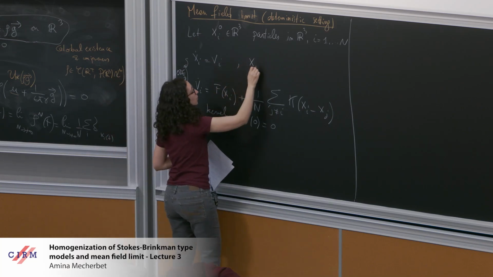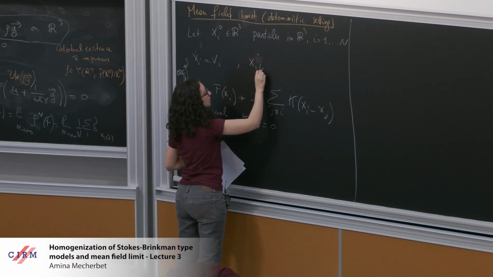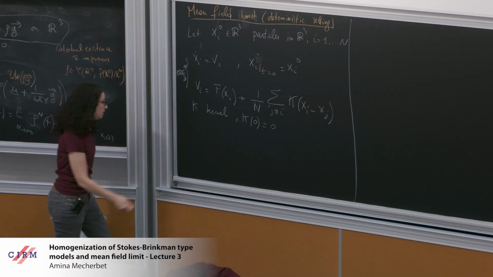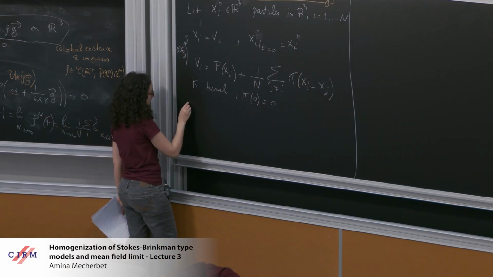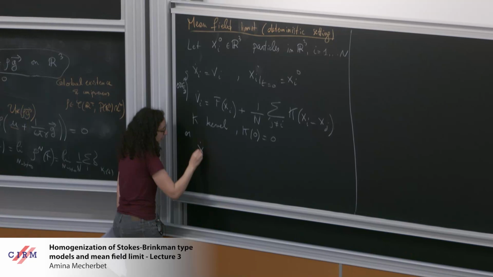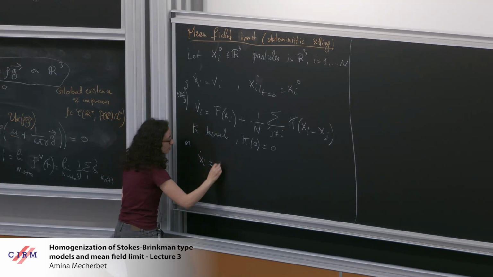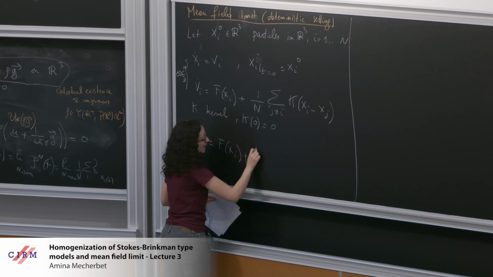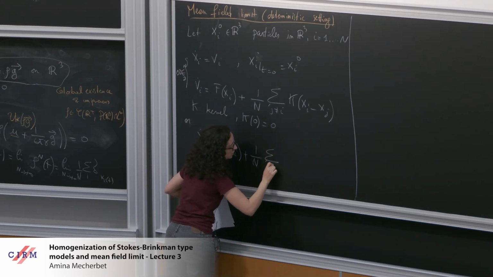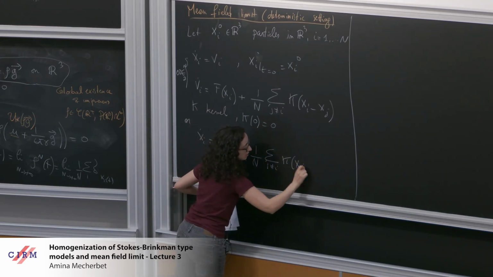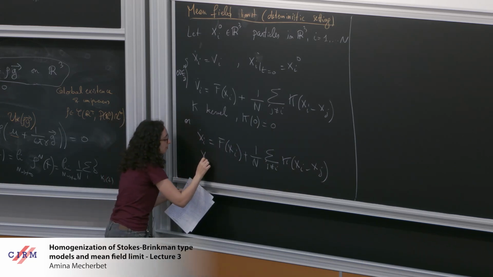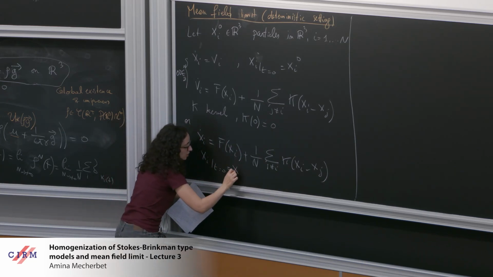So you add also the initial conditions. But you can also imagine a first order system like this. So only the velocities are given by their interactions. The motion of the positions is ruled by something like this, with the same initial condition.